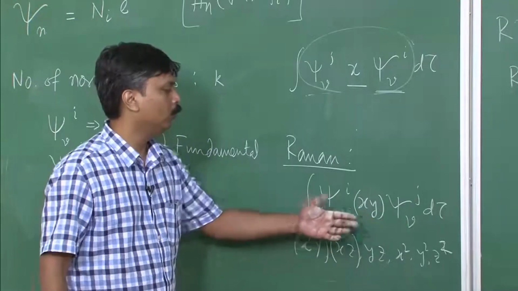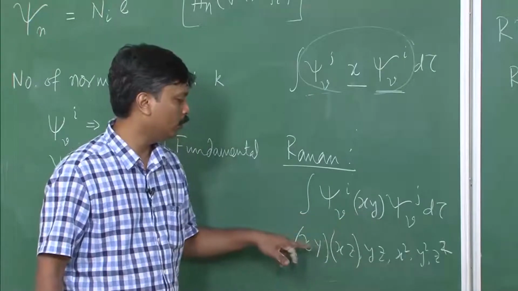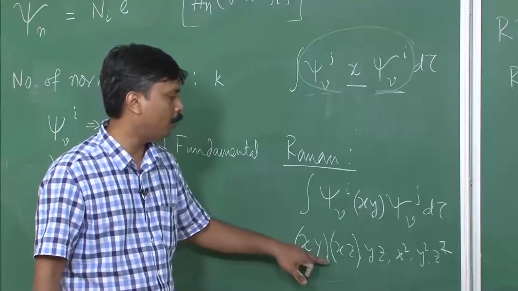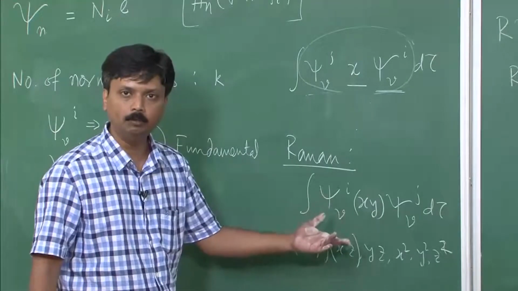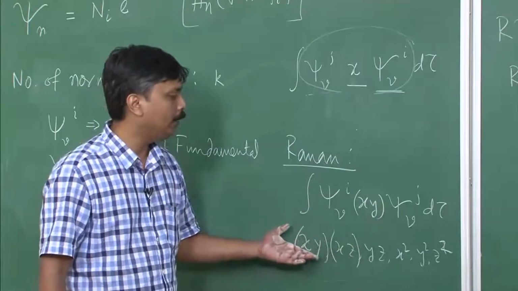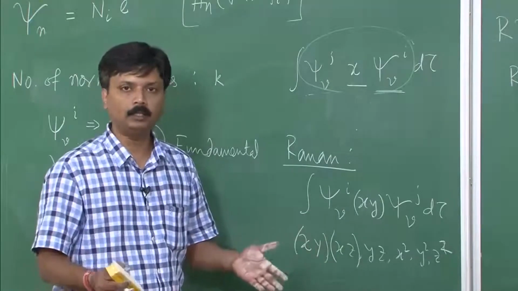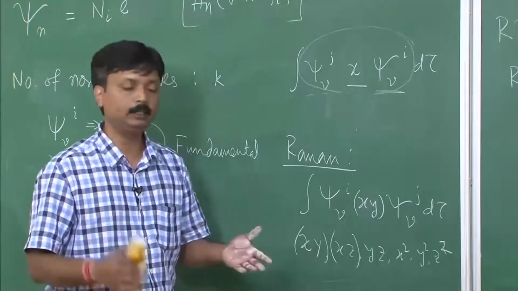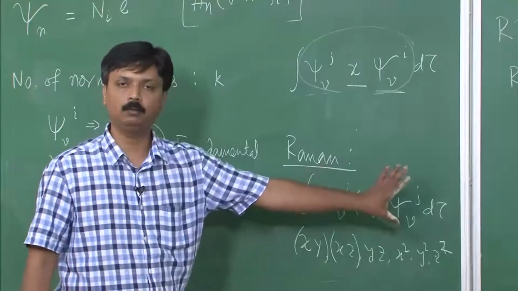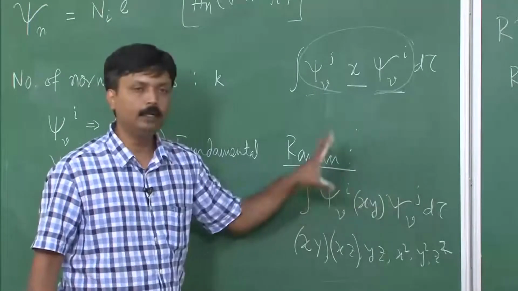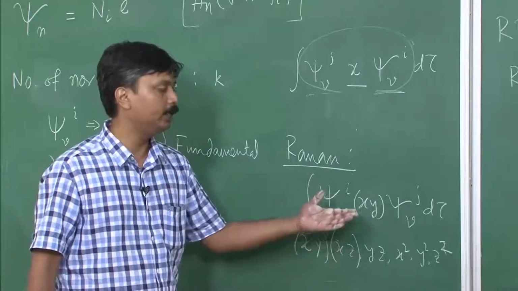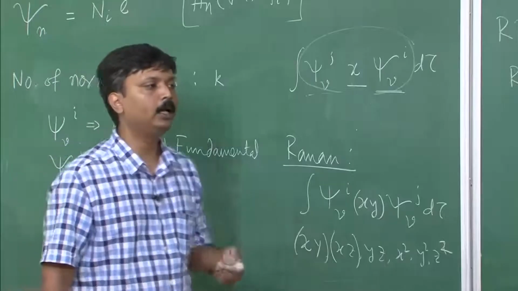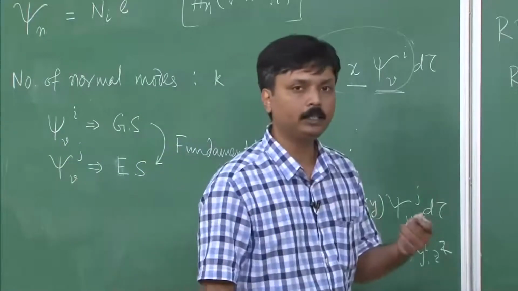Once you know that, you look for the irreducible representation to which the operator, xy or xz, transforms. If they are not the same, you have your answer: the direct product is not going to contain the totally symmetric IR, therefore this integral will vanish. If it contains the totally symmetric IR, the integral will survive, so there will be a definite probability of transition.